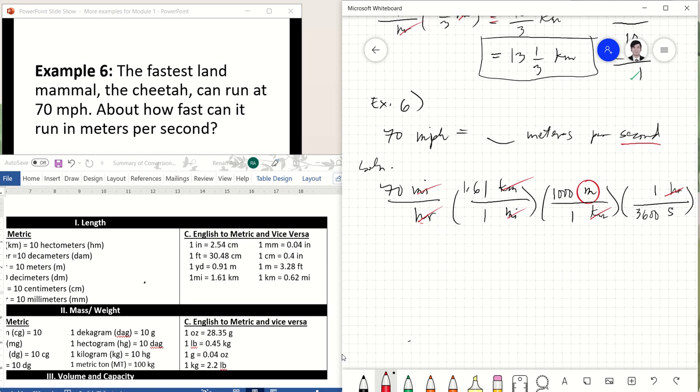If you simplify that, the numerator would give us 112,700. Then don't forget you have meters on top. Then denominator you have 3,600 seconds. So we divide that with 3,600. So approximately you'll get 31.31 meters per second.